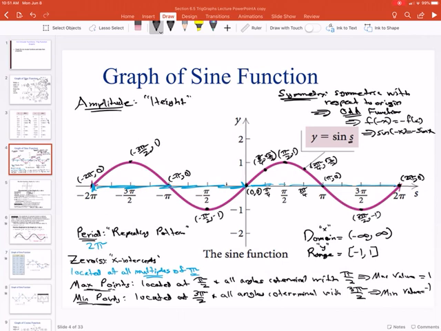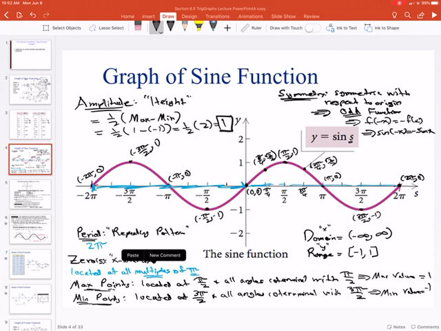So the amplitude is 1. Again, the formula: amplitude equals 1/2 the max minus the min. So that equals 1/2 of the max, which is 1, minus the min, which is -1. We simplify that down, that's 1/2 of 2, which is 1.